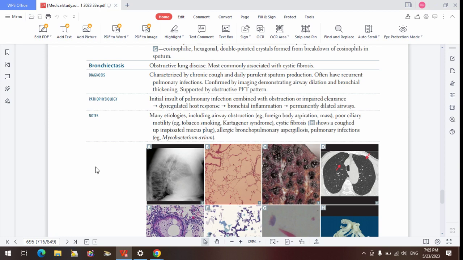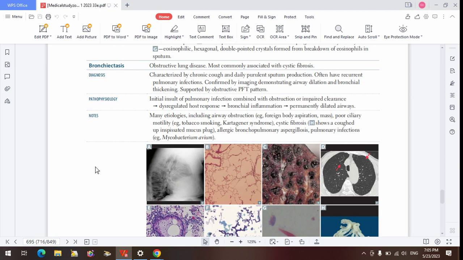So they recruit inflammatory cells, your T helper cells, your T killer cells, and they start initiating the destructive cascade that brings about impaired ciliary motility. So everything just boils down to this impaired ciliary motility from different mechanisms.